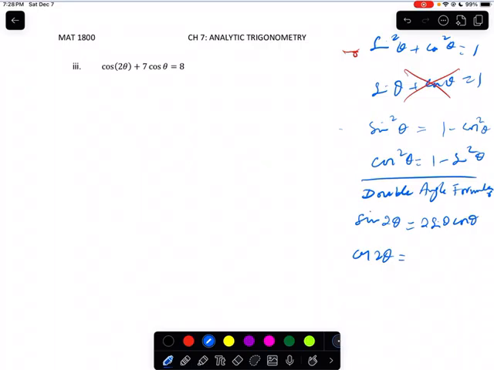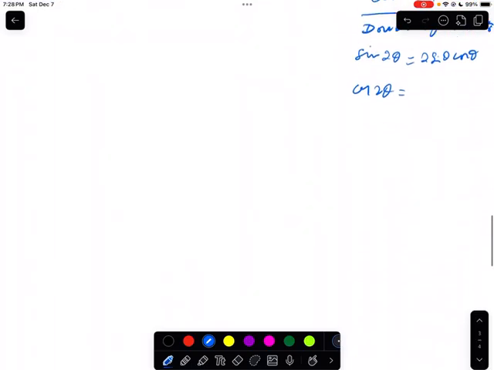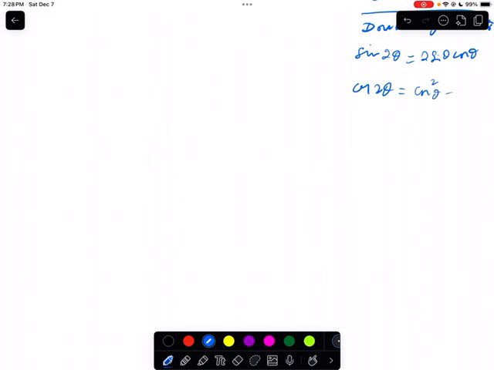One of the forms is cosine of 2 theta equal to cosine squared theta minus sine squared theta. The second form is cosine of 2 theta equals 2 cosine squared theta minus 1, and the third one is cosine of 2 theta equals 1 minus 2 sine squared theta.